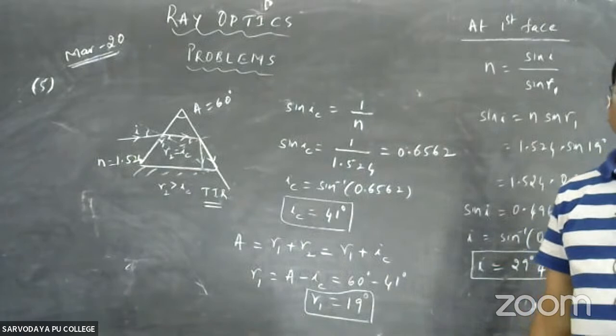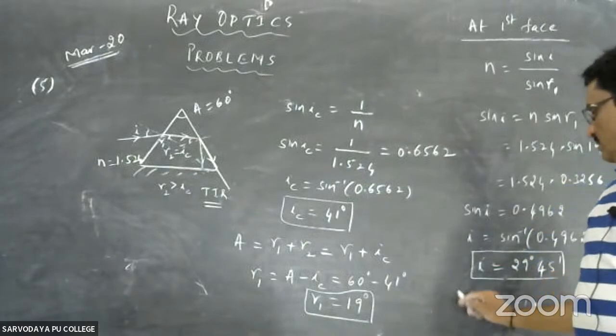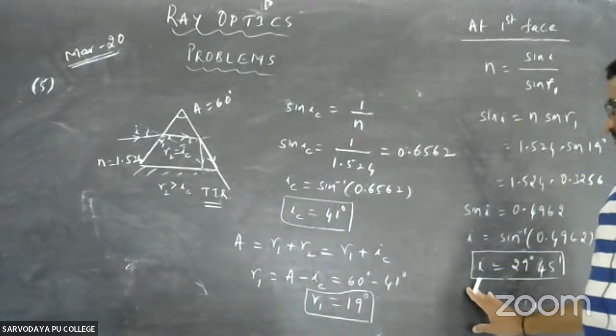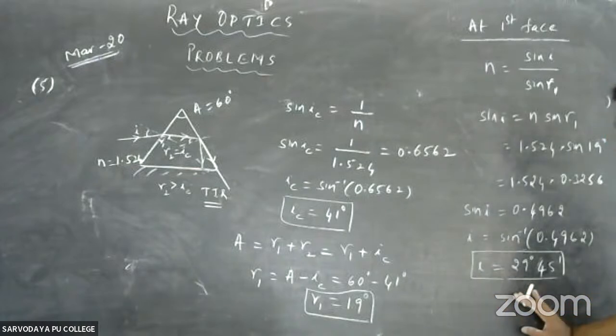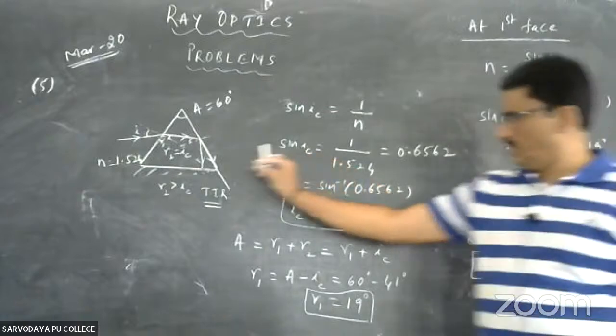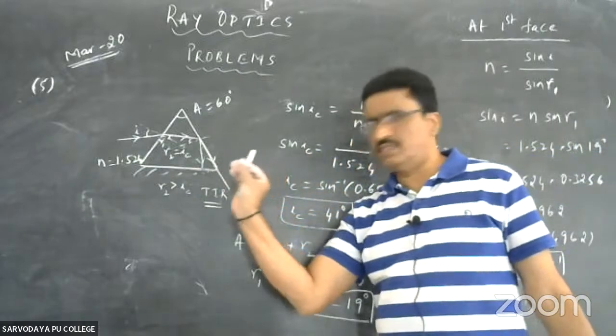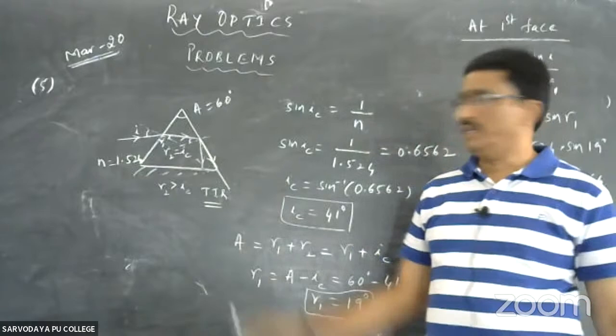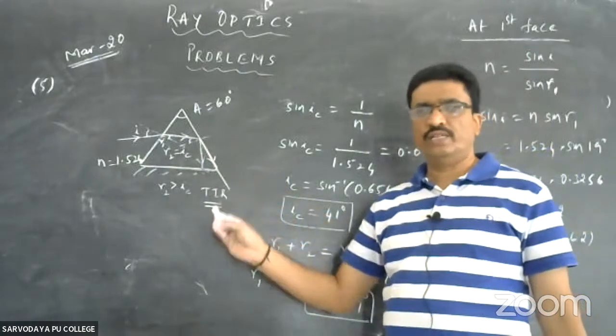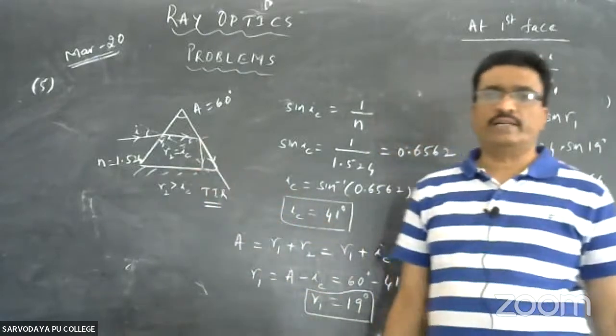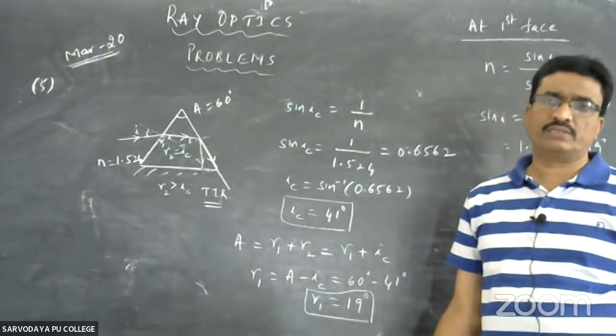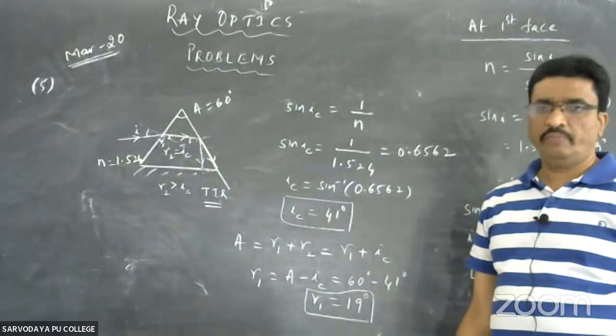This is the angle of incidence above which total reflection happens. In total reflection, 100% of the light comes back to the same medium.